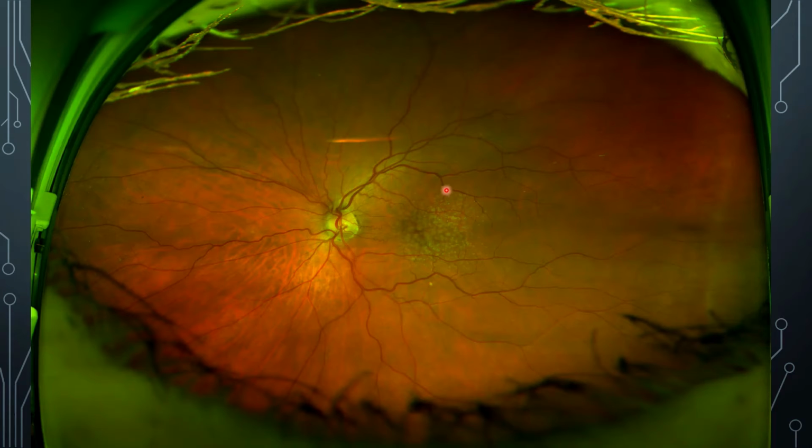But in the macula, and the fovea is sitting right in here someplace, there's a bunch of little white dots, and they're kind of soft white dots. They're not hard ones. This is a hard one here. These are soft. This is what's called drusen, and drusen is an early indicator of macular degeneration.